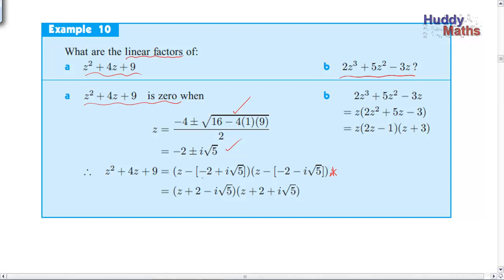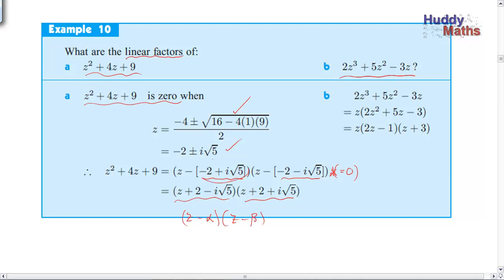Imagining that if this was the solution and this was the other one, the factors would be, under the null factor law, z take and z take, so that you would solve that equation for getting the zeros. So the factors are these two, let's say z take alpha and z take beta.